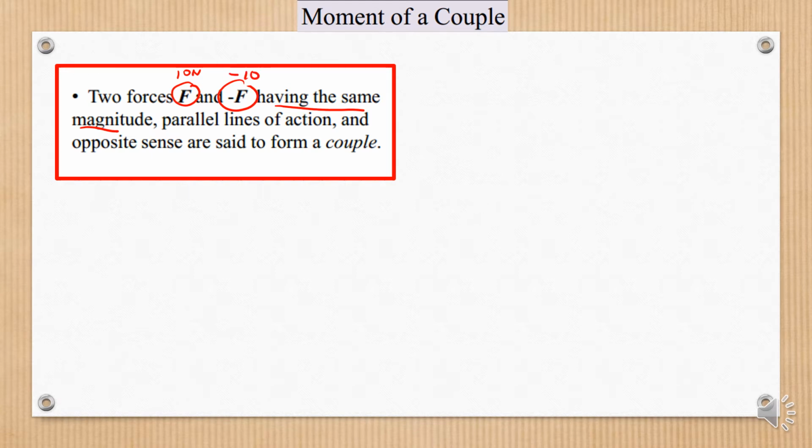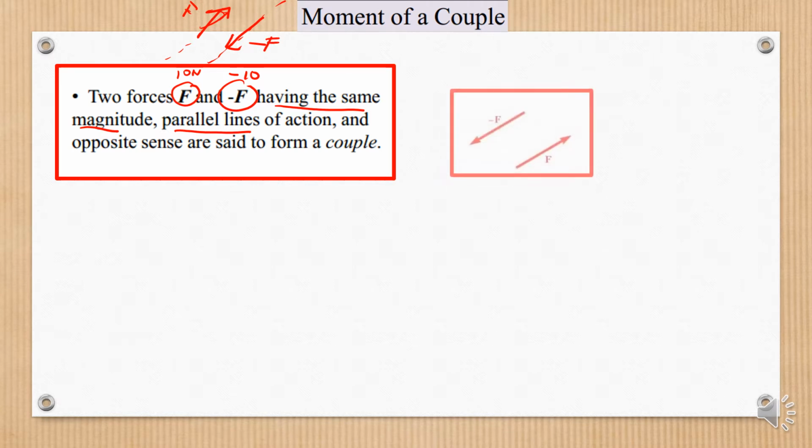They have parallel lines of action, for example F in this direction and another force in this direction. So the lines of action are parallel and the sense is opposite. Of course it's opposite, so one is pointing outward and the other pointing downward. This one becomes negative F. These are said to form a couple.